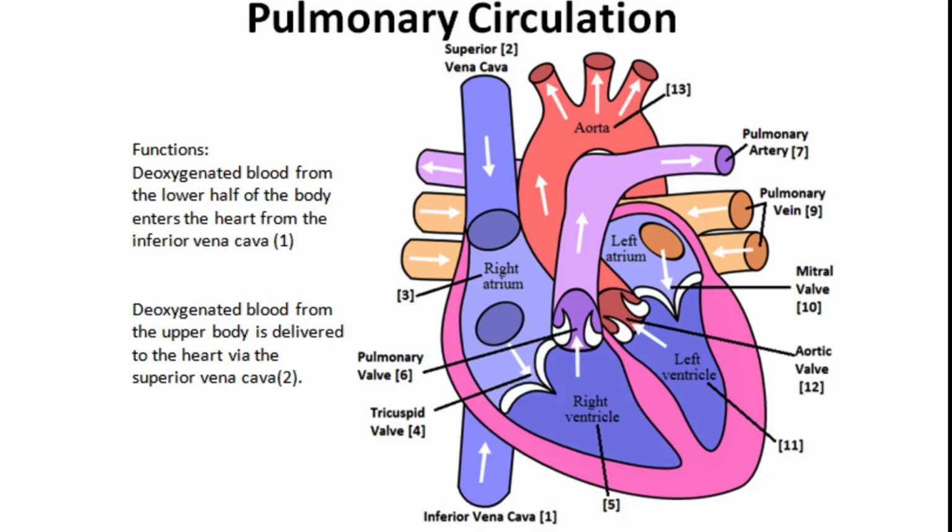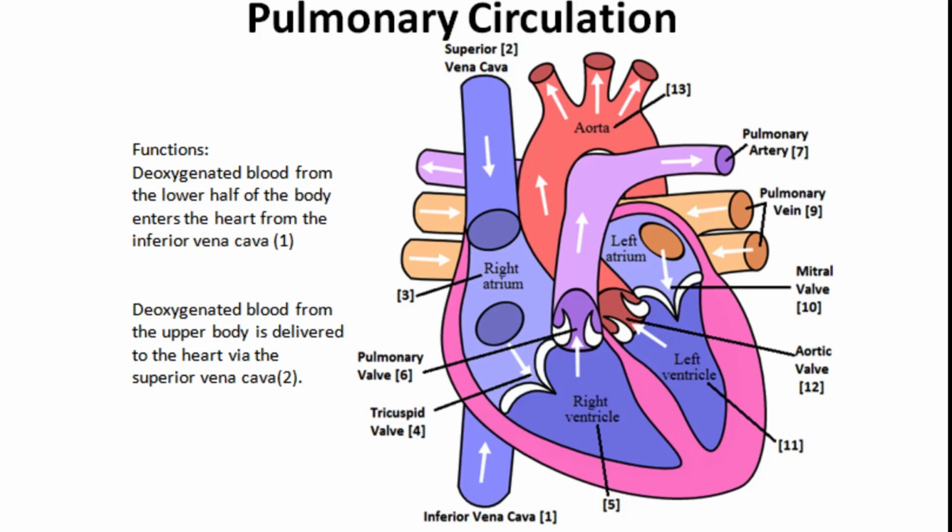We have two veins, because veins carry deoxygenated blood to the heart. We have two veins that carry deoxygenated blood from the upper part and lower part. Deoxygenated blood from the upper body is delivered to the heart via the superior vena cava.